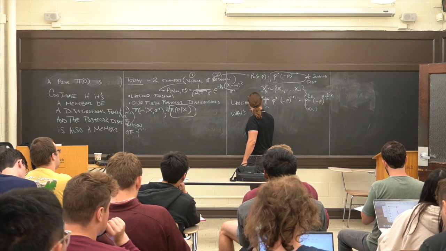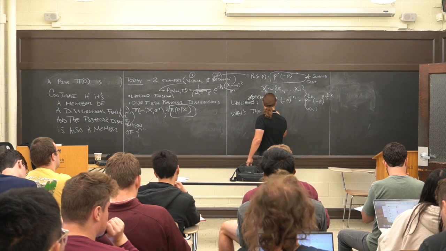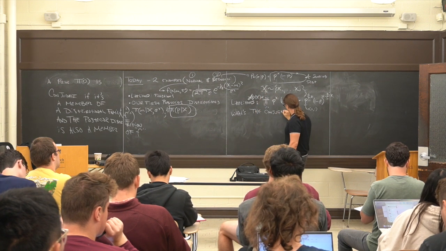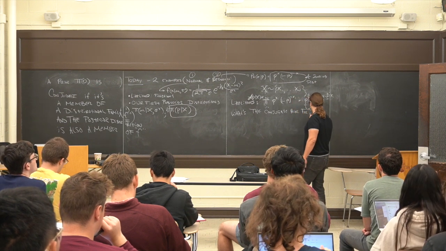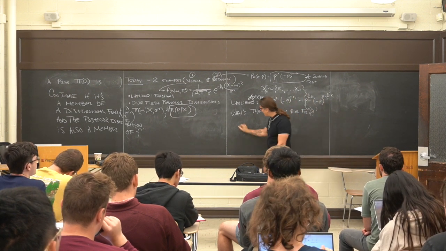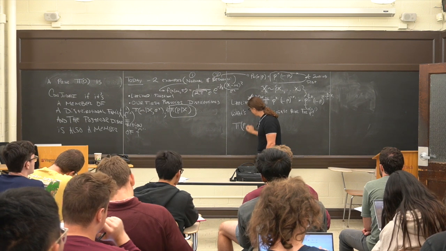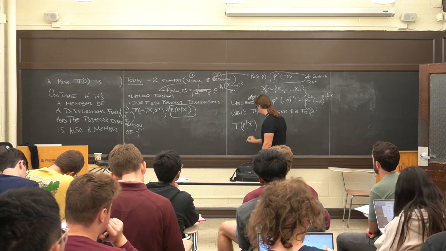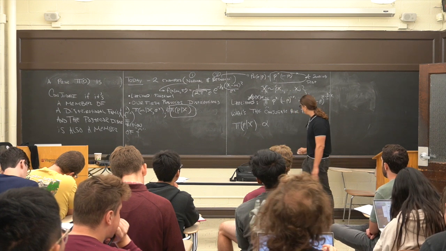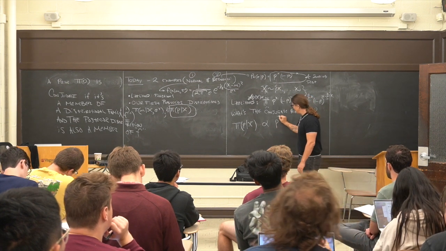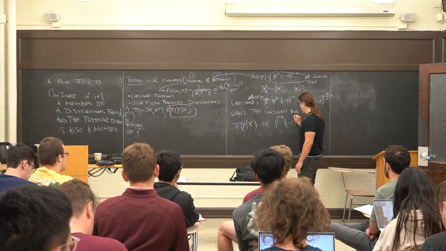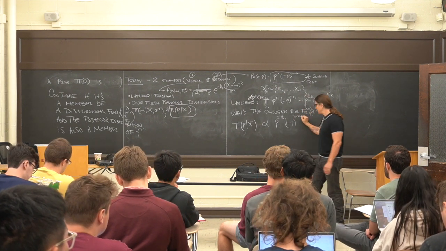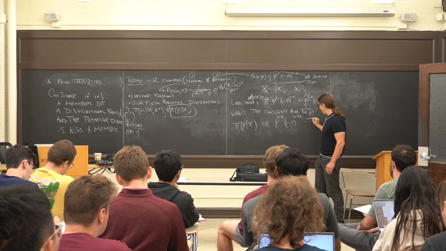So what's the conjugate prior for p? And what we would look at is pi(p given x), this is the posterior distribution, is proportional to p to the sum of the x_i's, 1 minus p to the n minus sum of the x_i's, times the prior distribution.